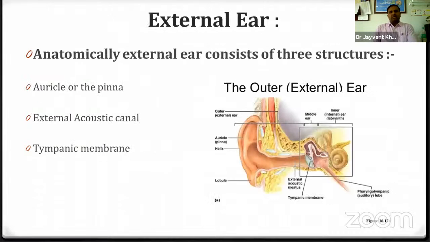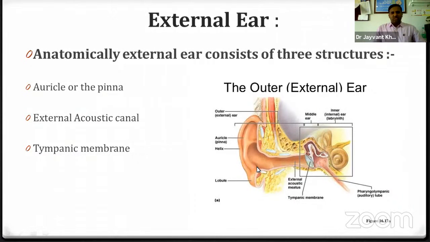Okay. External ear. I am not going to take anatomy in detail, only some points which are important for applied anatomy and for surgical and treatment processes. Anatomically, the external ear consists of three parts or structures: auricle or pinna, which you can see in this picture, then external acoustic canal or external auditory canal, then tympanic membrane.